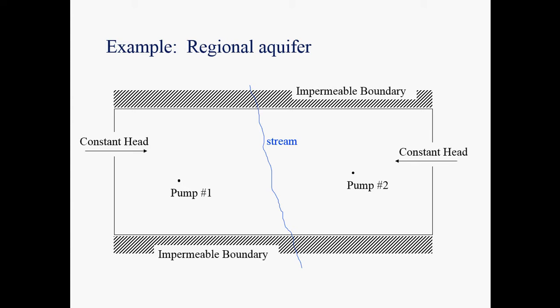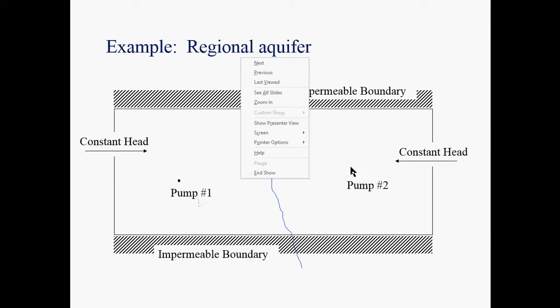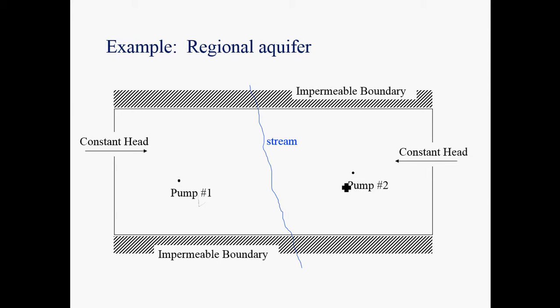We have a stream in there that has a couple of pumps in there. You see in here, you have this on this side right here, and you have it also on this side over here. And so pump 2, and you have pump 1 over there. So we have a stream or a river, you may say, here.